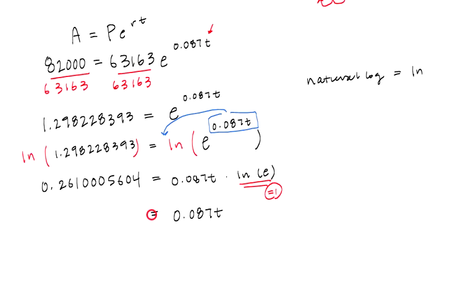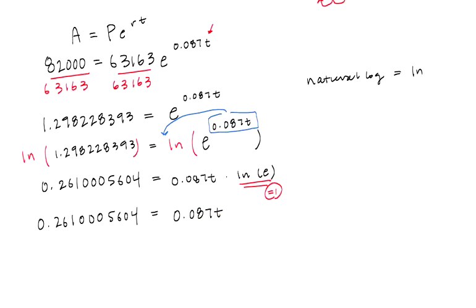I'm going to rewrite the left hand side also just to keep everything on the same line. So since the natural log of e essentially disappears, it equals 1, and we know that 1 times anything equals just that thing. We can let that be absorbed into the right hand side here.